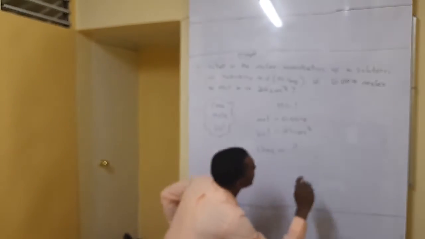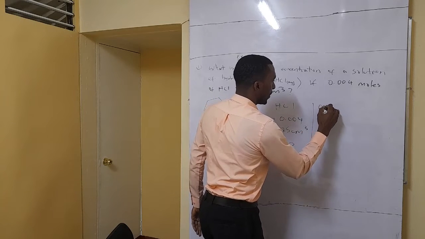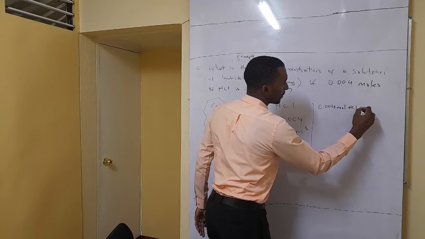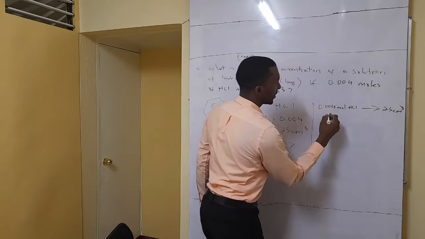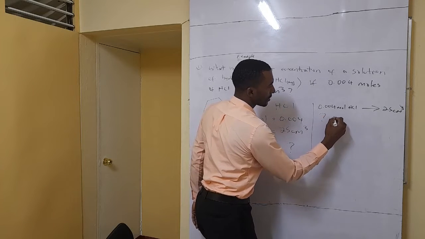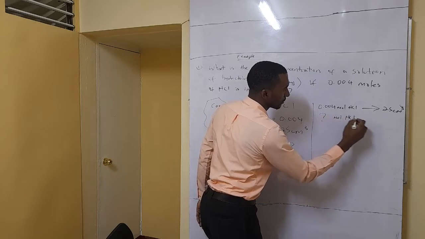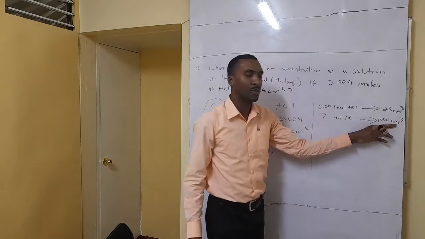So what I would say here is that 0.004 moles of HCl is in 25 cm cube. The question is, how many moles of HCl is in 1000 cm cube? Where did we get this 1000 from?